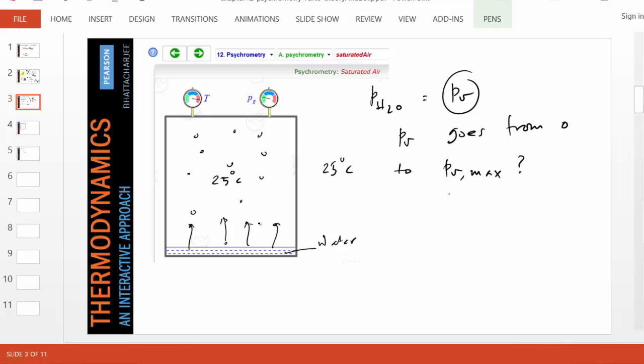There will be evaporation and condensation at the same time, and equilibrium will be reached. Just like if you put some ice in a bucket of water, the ice will start melting, but pretty soon an equilibrium will be reached. And if somebody asks what the temperature will be, you can easily say it will be 0 degrees Celsius. Here, what will be the pressure? That's our question. The answer would be the equilibrium pressure. The answer is what?